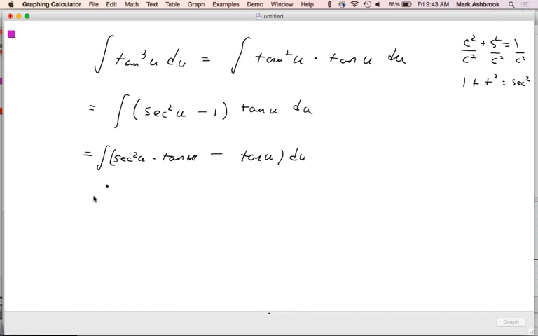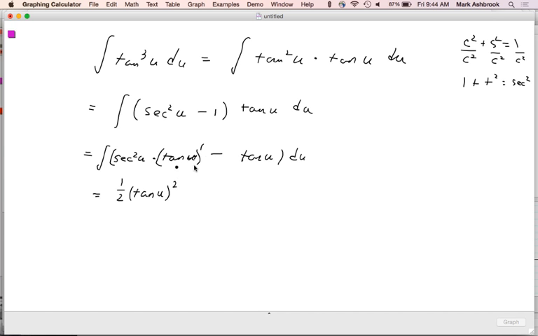What can we do? So it's kind of like we have tangent u to the first. And then the derivative of the interior function tangent u is secant squared. So what can I do? Tangent u, what? Squared, half of that, right?